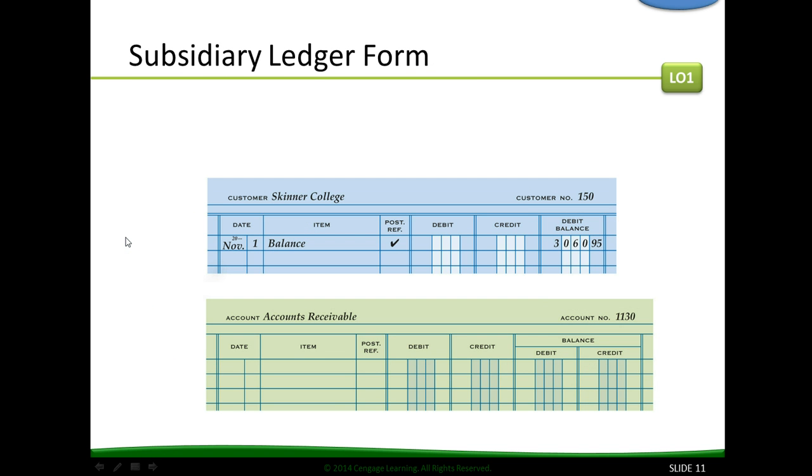So, just as before, when we had an accounts payable ledger form, and we had individual vendor accounts, now what we're going to have is this says customer. We are going to have individual customer accounts that will keep track of the amount that's owed. When the amount is owed to us, is it a debit or a credit balance? Perfect.